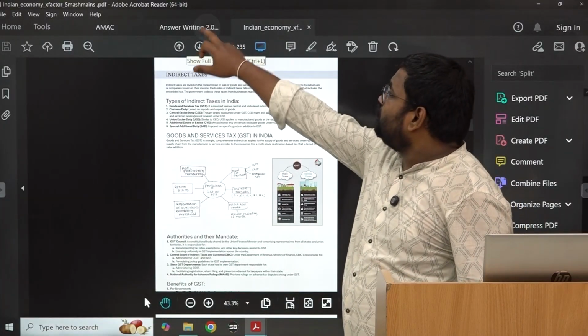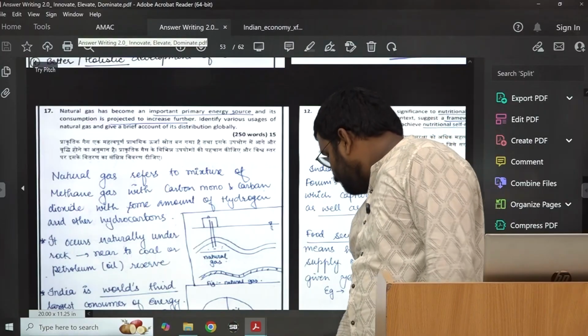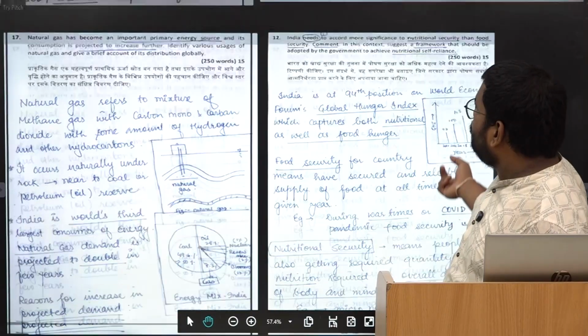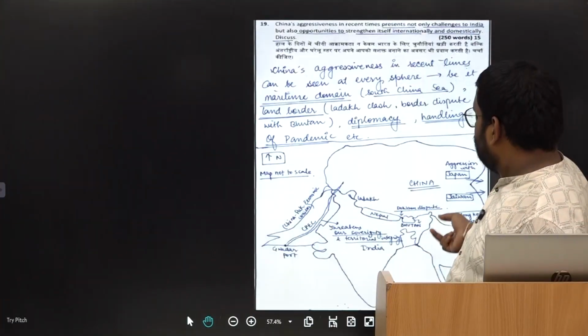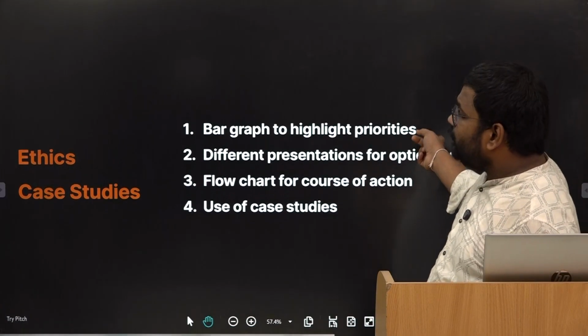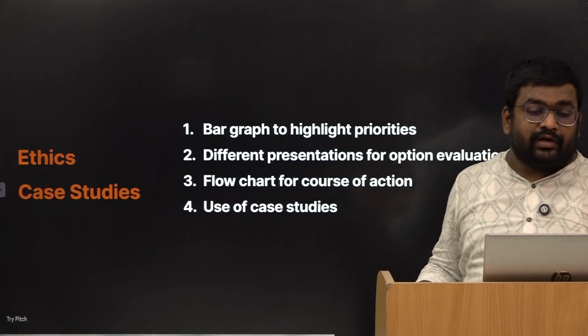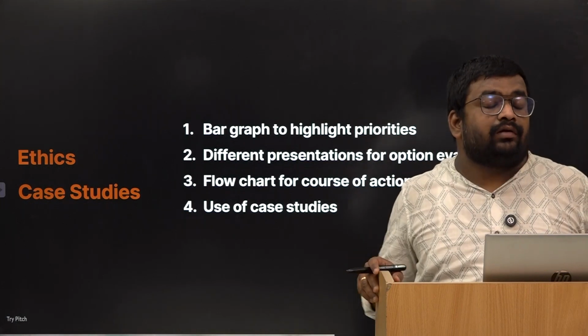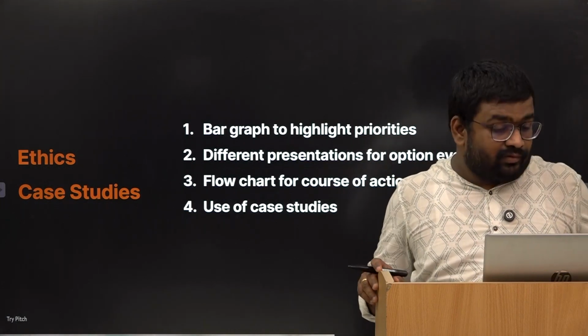Now, the last aspect where you require the maximum of the presentation is the ethics case studies. So in the ethics case studies, there are different ways in which you can improve the presentation and bring the innovation.